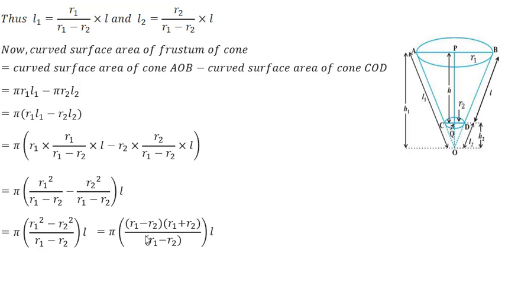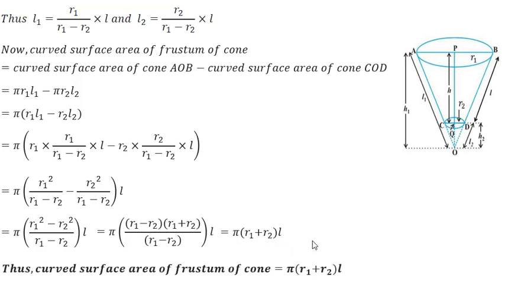This R1 minus R2 and R1 minus R2 will cancel, and finally I will get this curved surface area of frustum of cone as pi into R1 plus R2 into L. So I hope you understand how we got this curved surface area for frustum of cone.